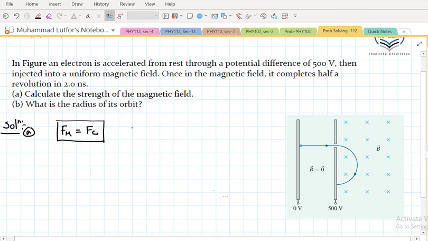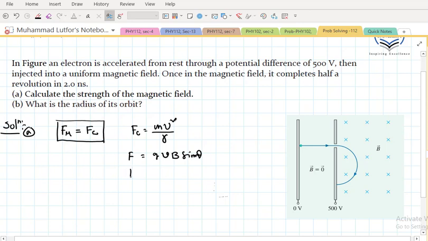We can find that centripetal force Fc as m v squared over r, where the radius we are going to find in part B. This is the magnitude of the centripetal force. The magnetic force magnitude is q v B sine theta, where q is the charge, v is the speed of the charged particle, B is the strength of the magnetic field, and theta is the angle between the velocity vector and the B vector.